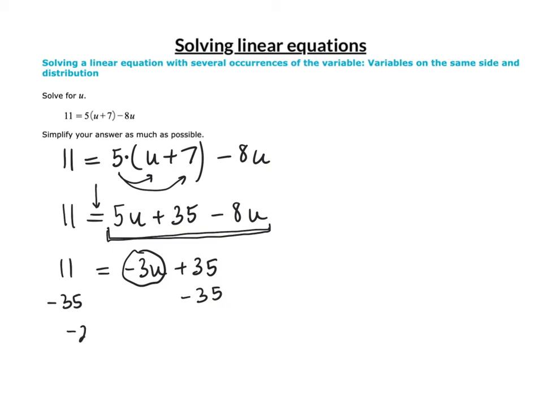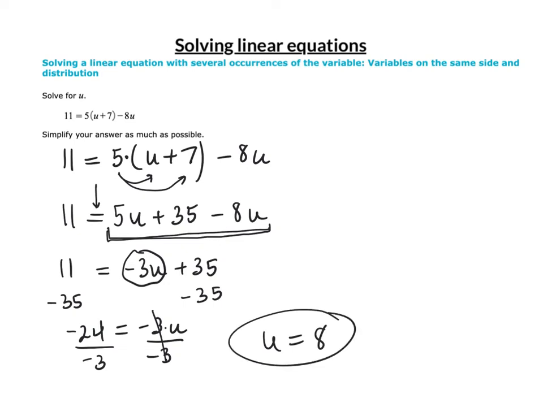So negative 24 equals negative 3u. Again, there's times. You get rid of times, I divide. Get the variable by itself. And u will equal, now I'm flipping this around, these cancel, and negative 24 divided by negative 3 is positive 8. So u equals 8.